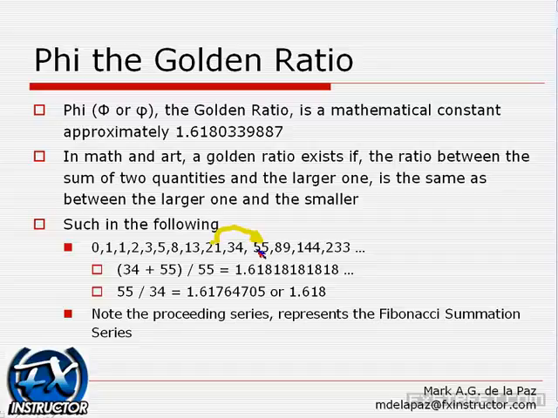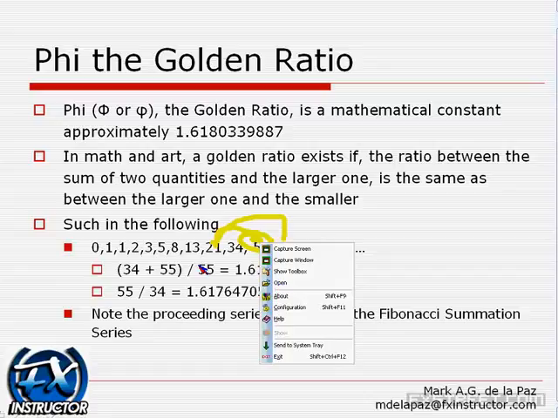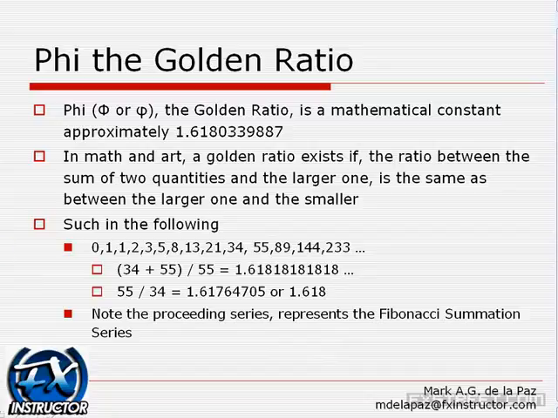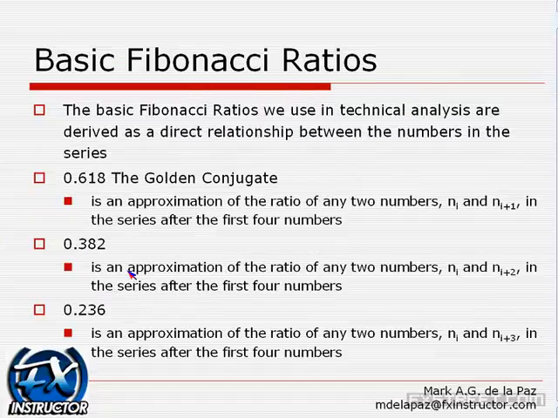You get 0.382. To get 23.6 fib, basically you skip two spaces. So that's really the first basic discovery of the earlier technicians, earlier traders on how to apply the Fibonacci numbers.